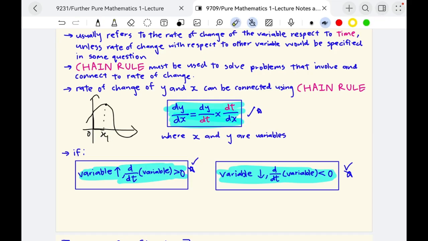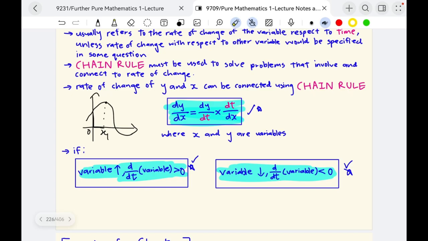What you can see over here is that its gradient is positive from 0 to x1, which means that the rate of change for y is increasing at this point. Otherwise, this is the so-called increase in the increase rate. The rate of the rate of change increases at this point.